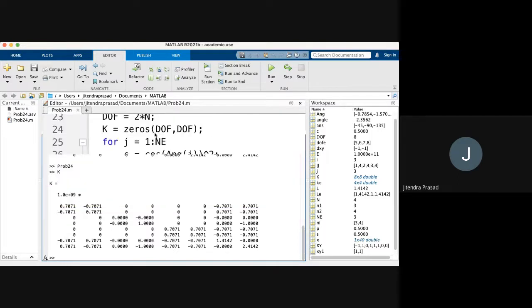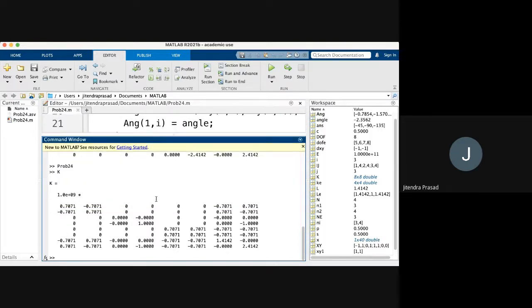Thank you, man. So you see now, we got this. So this is the assembled K now. And once you have that, there is nothing much left now. So the rest you can solve easily.